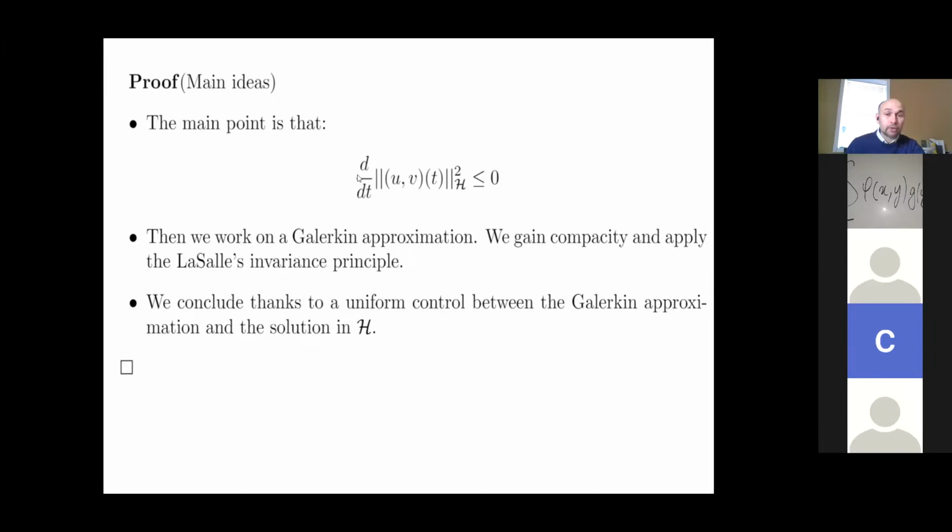It might be that the solution does not belong to H1, but the Galerkin approximation does. You have compacity, and then you prove that the only possible solution is 0, 0. So all the Galerkin approximations converge to 0, 0 as t goes to infinity, and you have a uniform control between the Galerkin approximation and the solution in H, which gives the result.